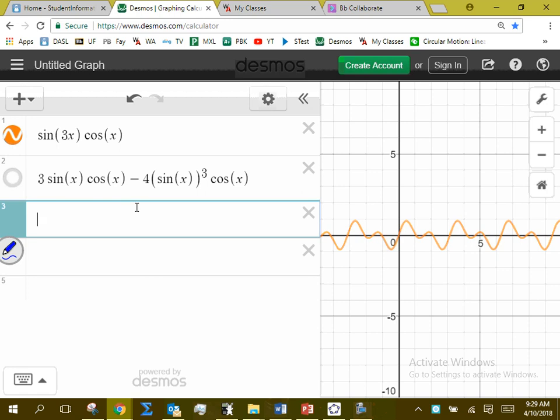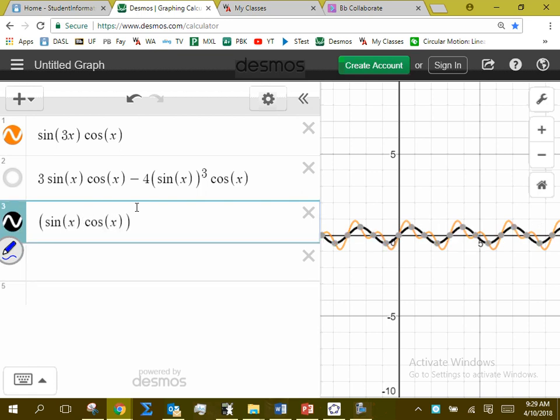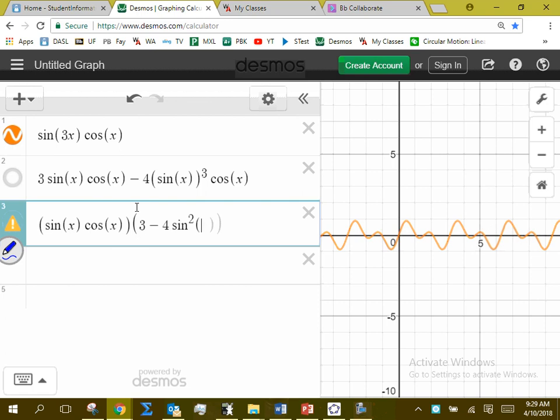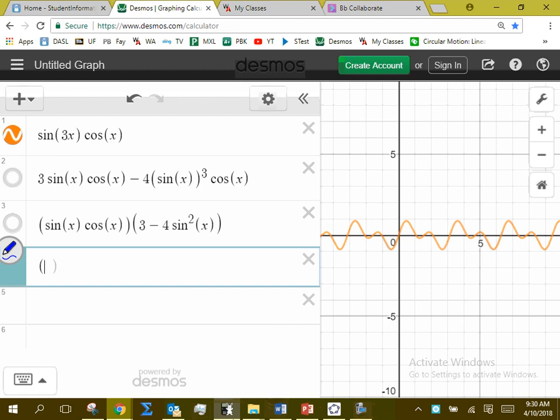If we wanted to, we could maybe factor a sine x cosine x out. So I have sine x cosine x. And that would leave me 3 minus 4 sine squared x like that. It does know what to do with sine squared. Okay. So the black and the orange are the same, right? And the benefit of this might be eventually a goal we might have is to be able to solve this thing for x. So this thing would look, maybe I could do this.